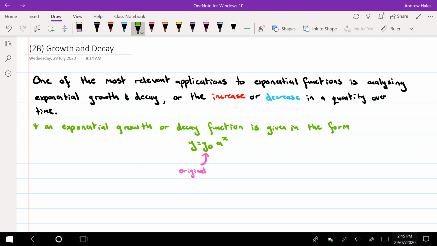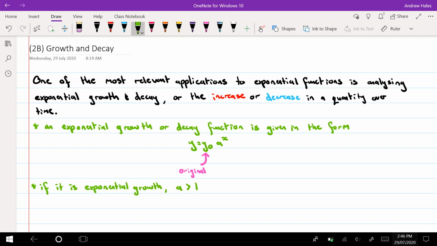If it's an exponential growth, a should be greater than 1, all right? Which makes sense because it is repeated multiplication, and if we multiply by 1 over and over, nothing's going to change.